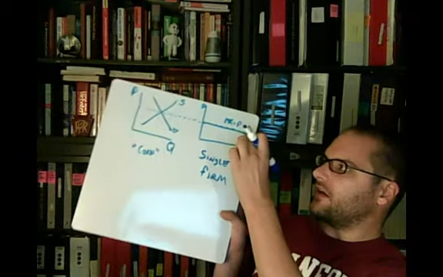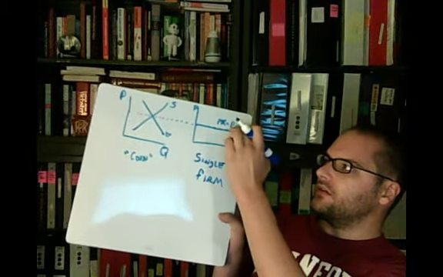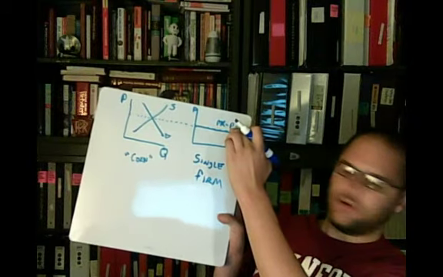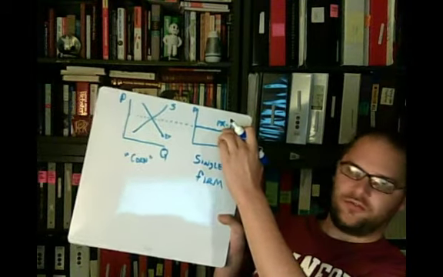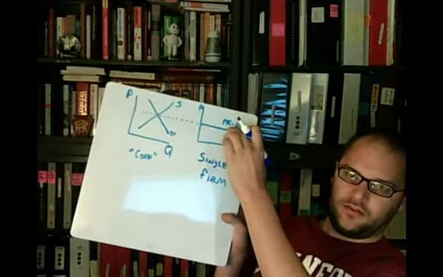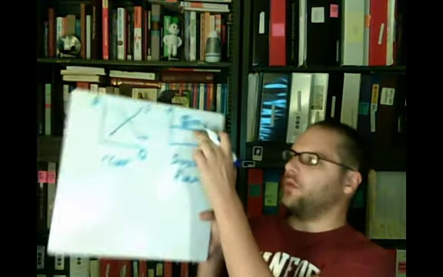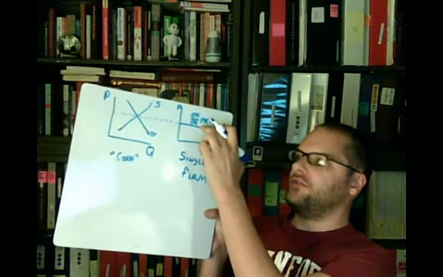Because every time they sell one more unit, they still are charging this price. And it's also the marginal revenue, or MR, the change in the total revenue for the change in quantity. Every time they sell one more good, the total revenue changes by the marginal revenue.